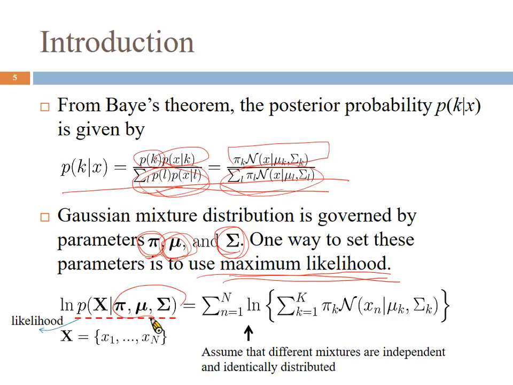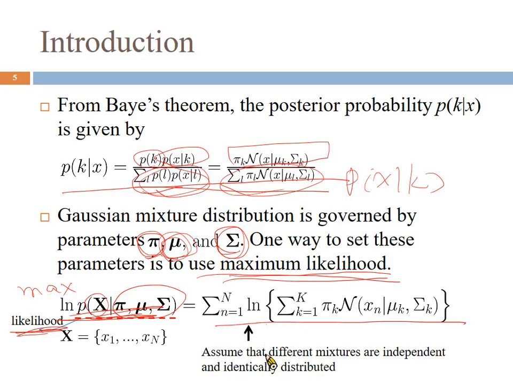So here is the model, and this is the data points. So p(x | model) is actually the likelihood, and we want to maximize the log likelihood. And as we can see here, the likelihood is p(x | k) actually, and by taking the log, we can see the form.